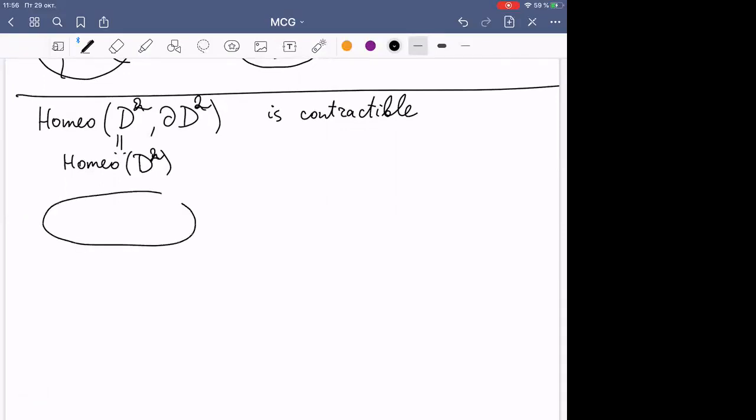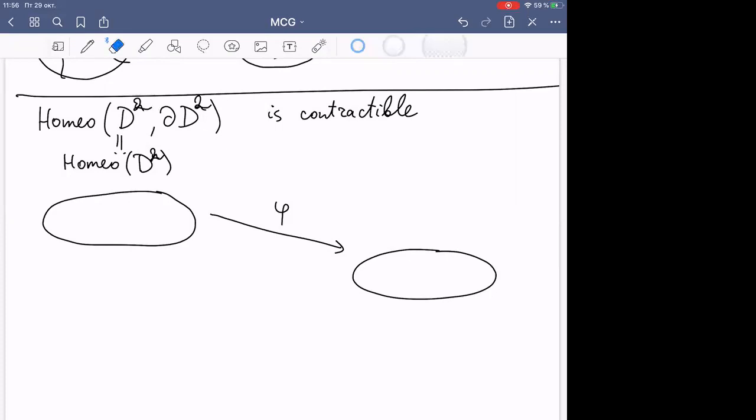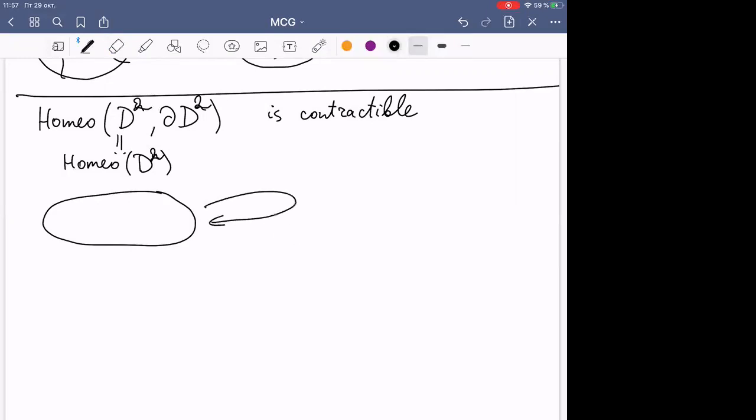Here we have a disk, and I would like to map it onto itself by phi.